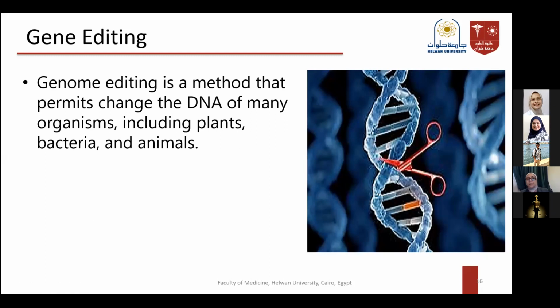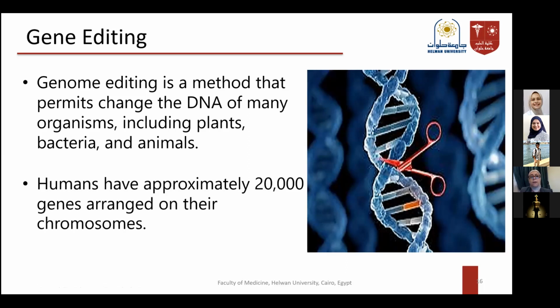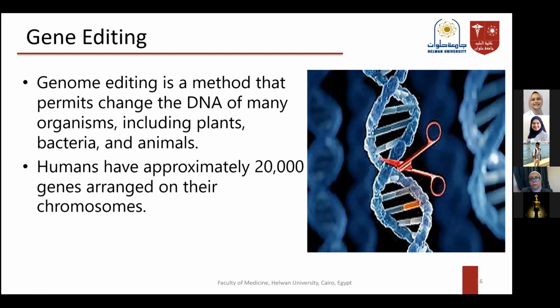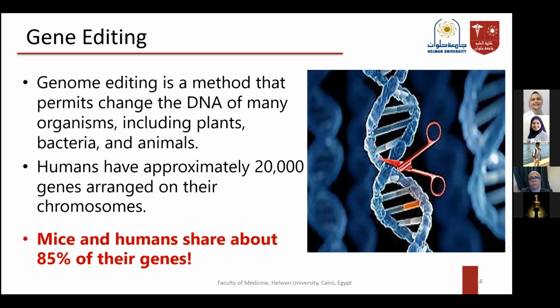Genome editing is a method that permits changing the DNA of many organisms. It can be a plant, a virus, bacteria, an animal, or a human, okay? It's a method that permits changing the DNA of organisms. As a fact, humans have approximately 20,000 genes arranged in their chromosomes.